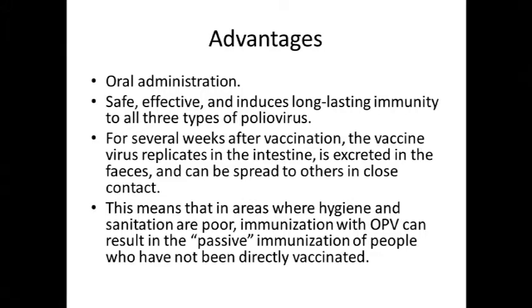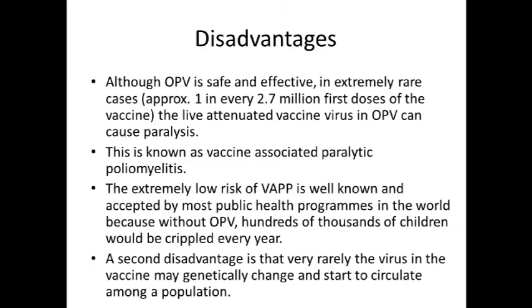Even if the feces containing this vaccine polio virus is transmitted to another person through person-to-person contact, it will enter the body of that person and will not cause any harm.